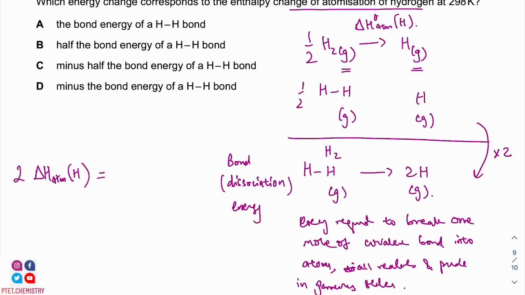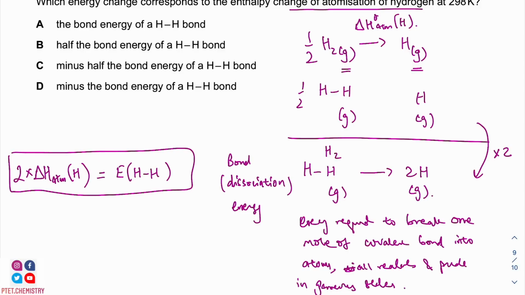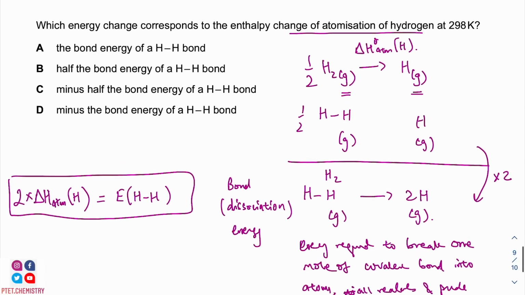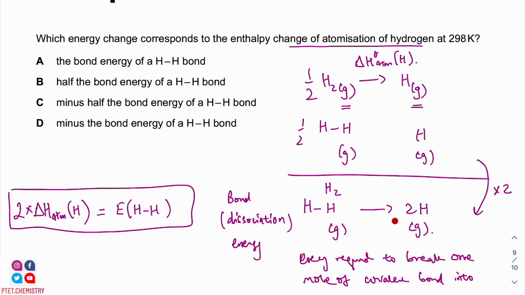So meaning 2 times the first equation equals the second equation, which is the bond energy of HH covalent bond. 1 mole of that covalent bond is broken to form the gaseous atoms, both the reactant and the product in gaseous state. Alright, so this is energy required, this is energy required as well. So you cannot have a minus there, okay? Both of them are endothermic, they require energy.